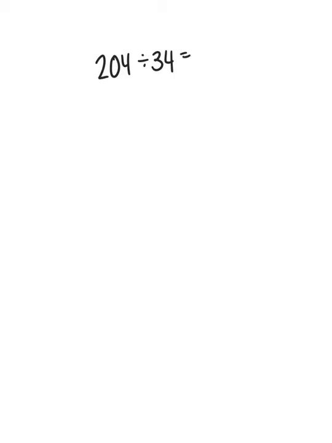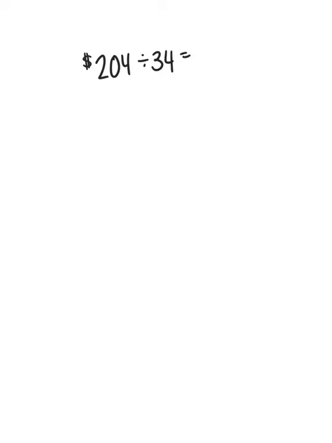Next, let's work on 204 divided by 34. So if I want to stick with my repeatedly subtracting partial quotient strategy, I can imagine that I have $204 to share with 34 friends.